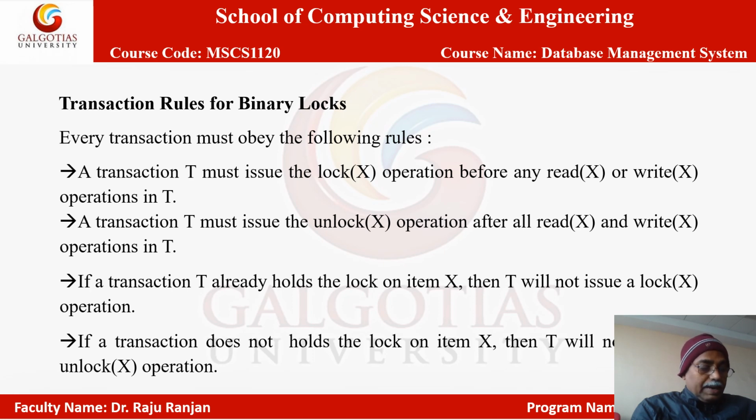First it will lock that data item, only then can it access that data item. This is the first rule. Then the second rule: a transaction T must issue the unlock X operation after all read and write operations in T. After all read and write operations are finished, it must unlock that data item.